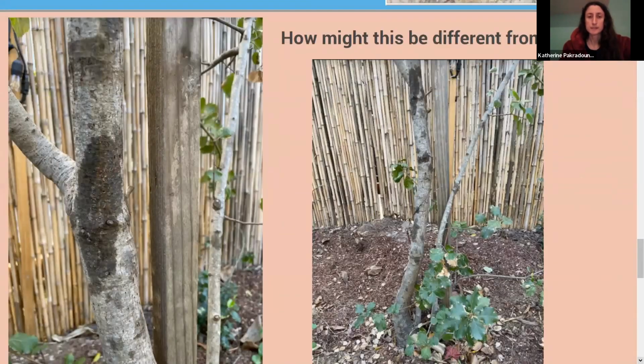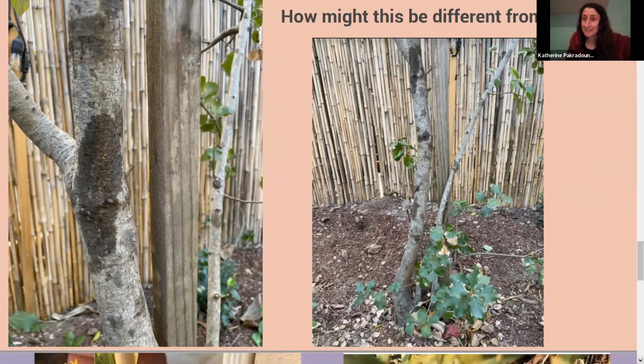So what about this? Remember I said staining is not a good sign. Staining means something's going into the tree and it's trying to ooze and protect itself, potentially with sap. This particular small tree, which looks like a coast live oak, has staining on the trunk. Could that be the shot hole borer? Potentially, but likely not. One, the shot hole borer tends to go after large mature trees, not younger saplings.